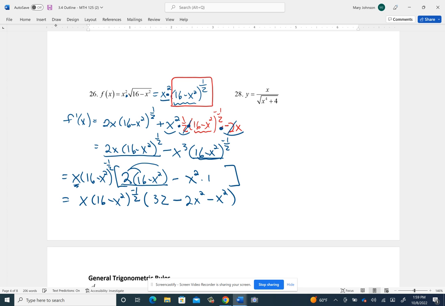Okay, so these are like terms I can put together. So I wind up with an x, that's 16 minus x squared to the negative 1/2, and then 32 minus 3x squared. Okay, I'm going to go up here with it. Well, actually, I'm going to use that later. Let me go down here with it.